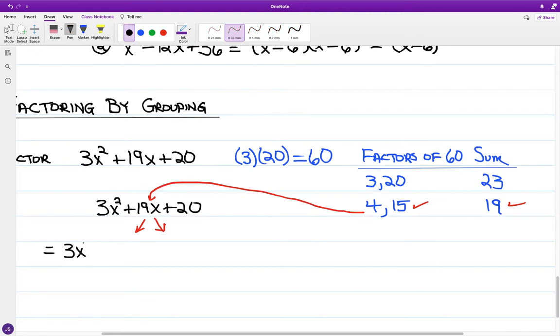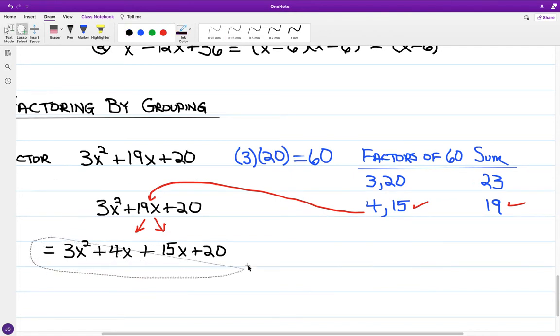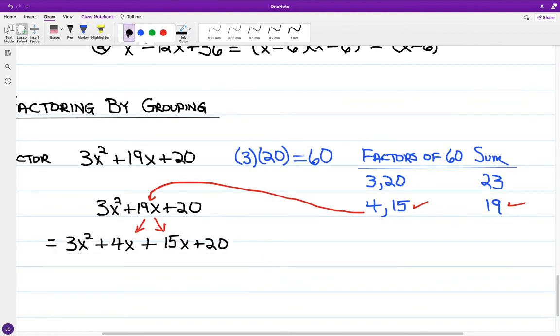So in the rewrite, we have 3x squared, and we could either have 15x or 4x at the front. So just looking at what we have here.